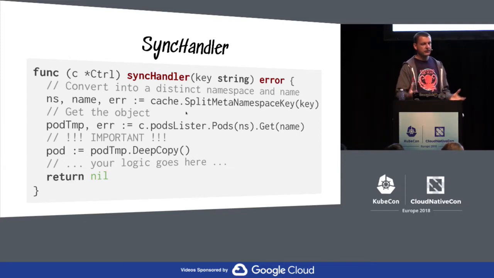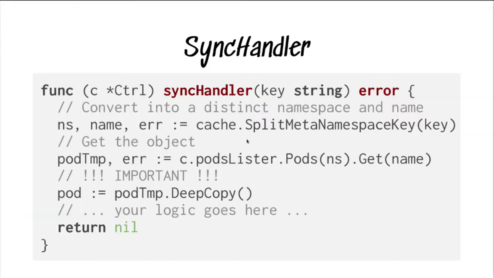This is where you actually implement the logic of your controller. Let's go one line by one. The queue that I mentioned at the beginning is not storing the actual objects. It is storing something called a meta namespace key, which is basically the namespace and the name of the resource bundled together.